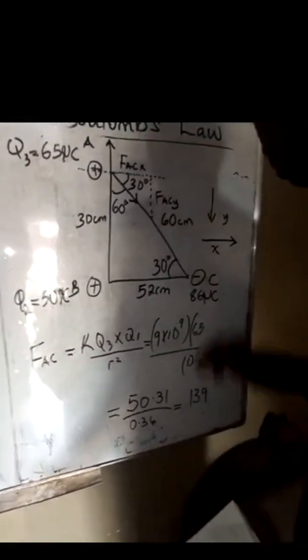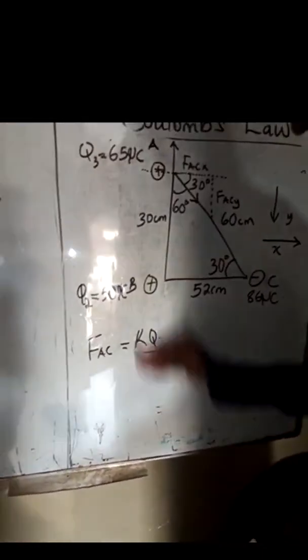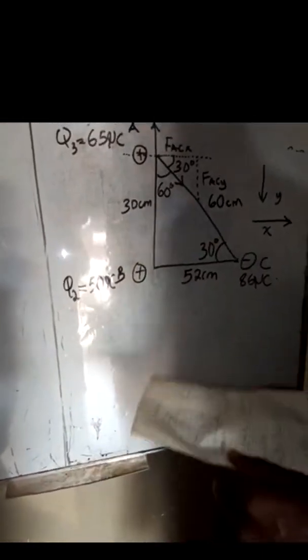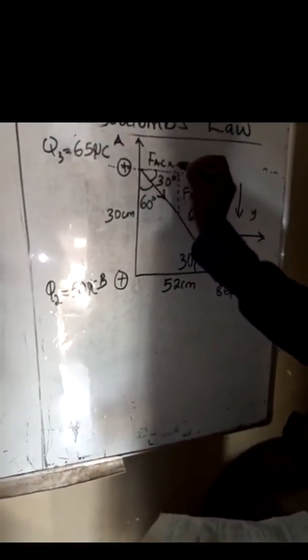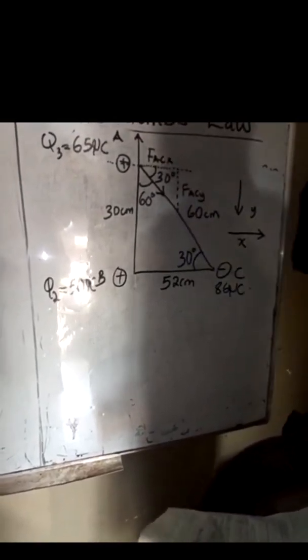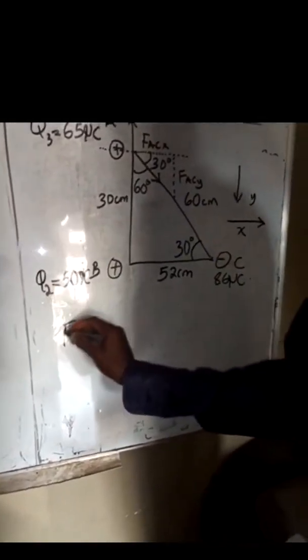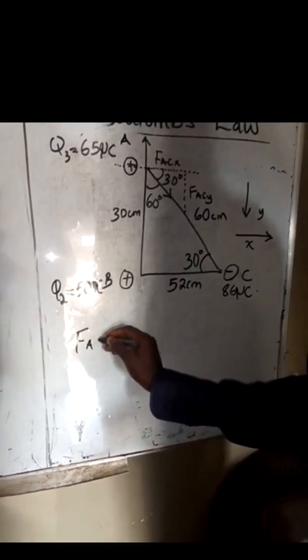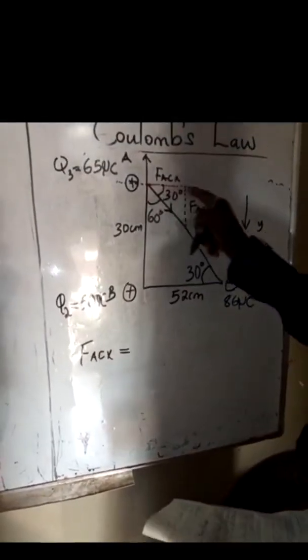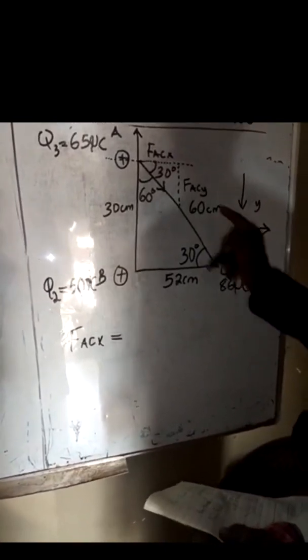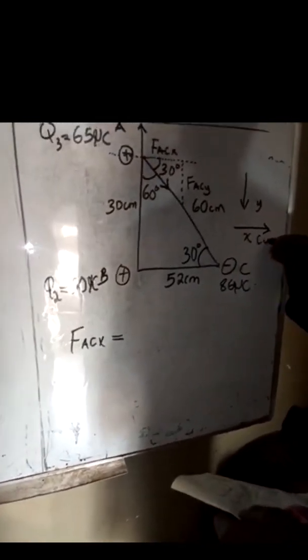Okay. The next thing we are going to do now is to find FACX. And I told you that horizontal movement is X, which is cos.